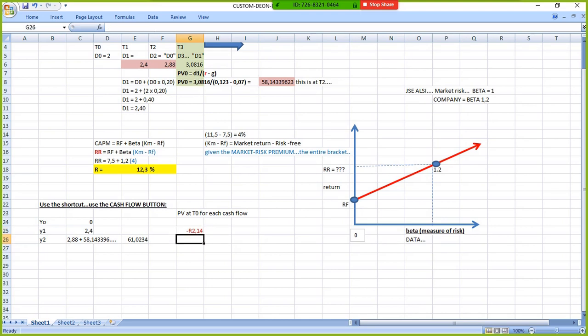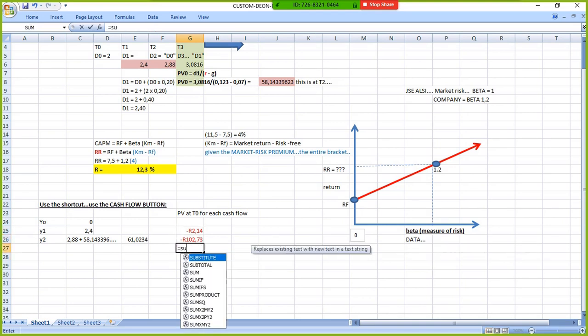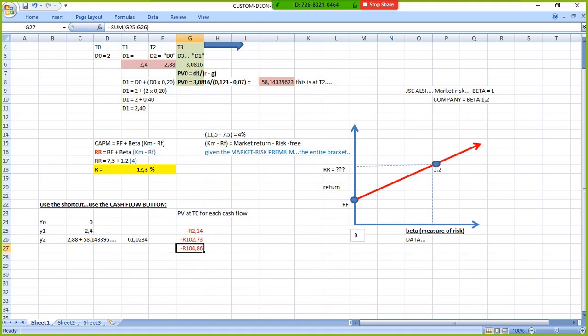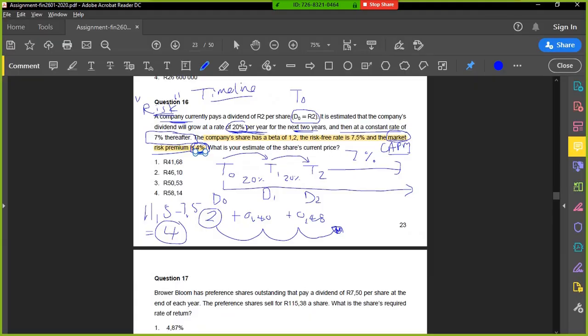Close brackets, that gives me that answer. Then I do the same thing for the next one: present value, rate 0.123, 2 years, no payment, it's not an annuity. Future value: I don't want to write it in because it's going to take some of the decimals away, so I'll reference that figure. Close bracket, answer. Then I need to sum it up, and that gives you that answer.